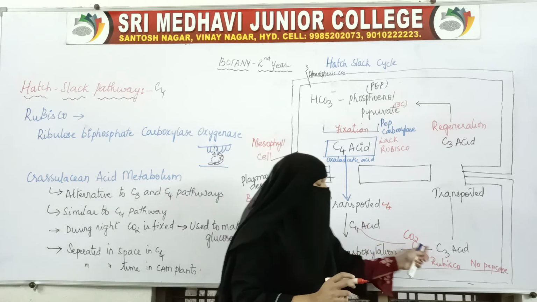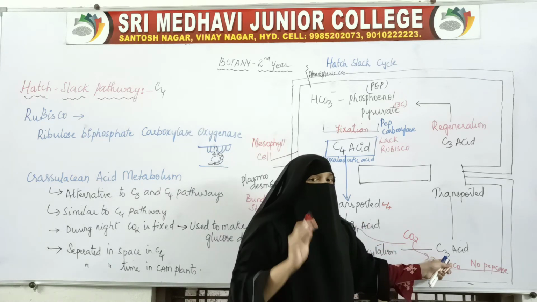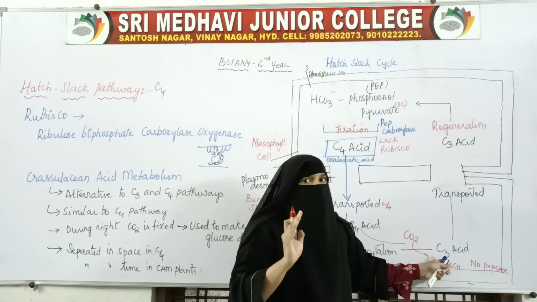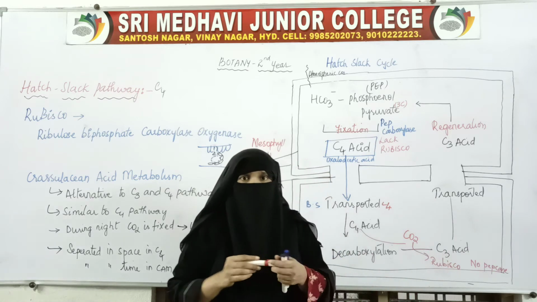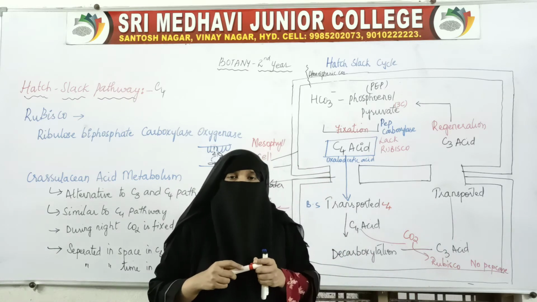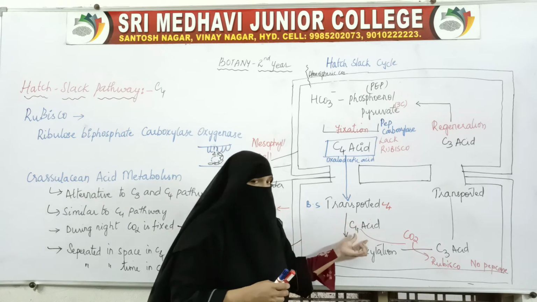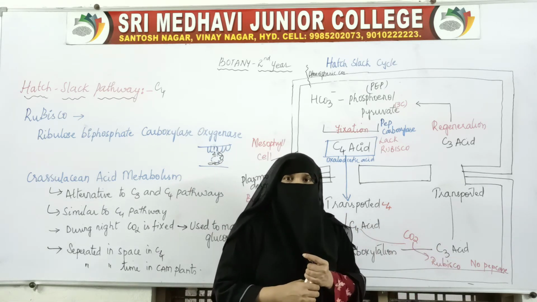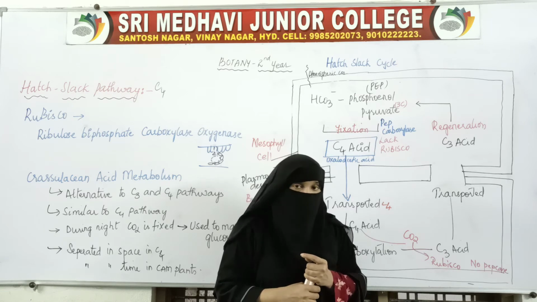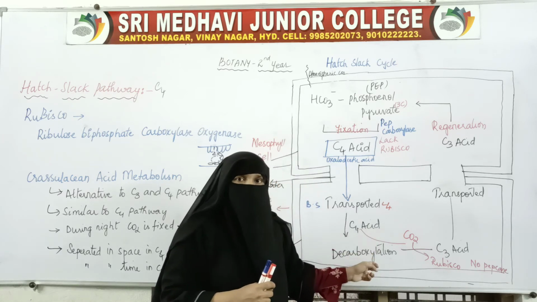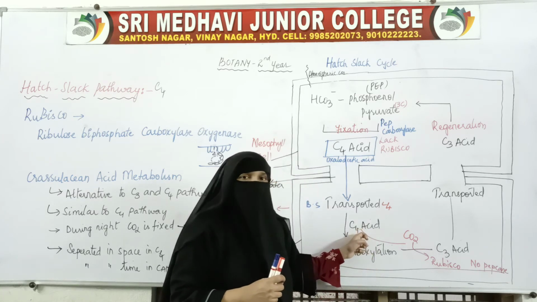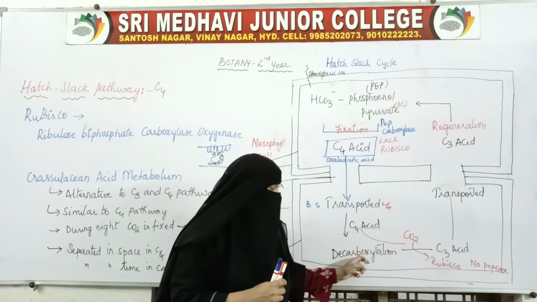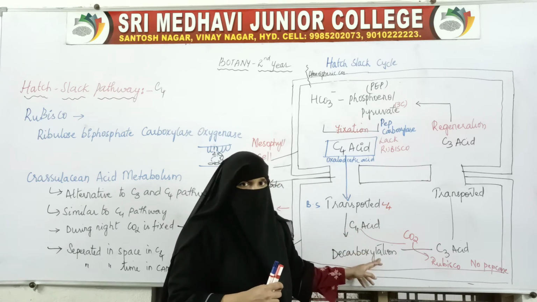Now how many carbon compounds do we have? It is a 3-carbon compound. It was a 4-carbon acid, and now we have an acid with 3 carbons, because a carbon dioxide is lost from the C4 acid in the process of decarboxylation.